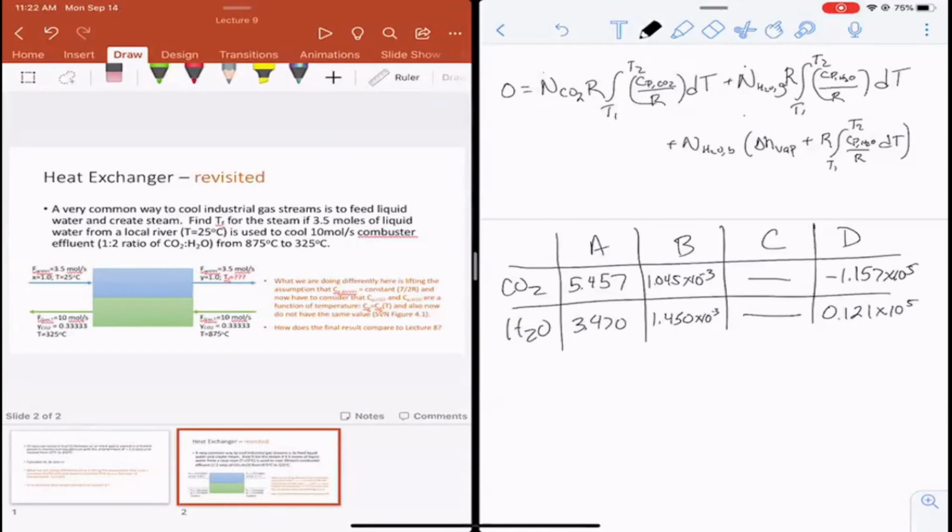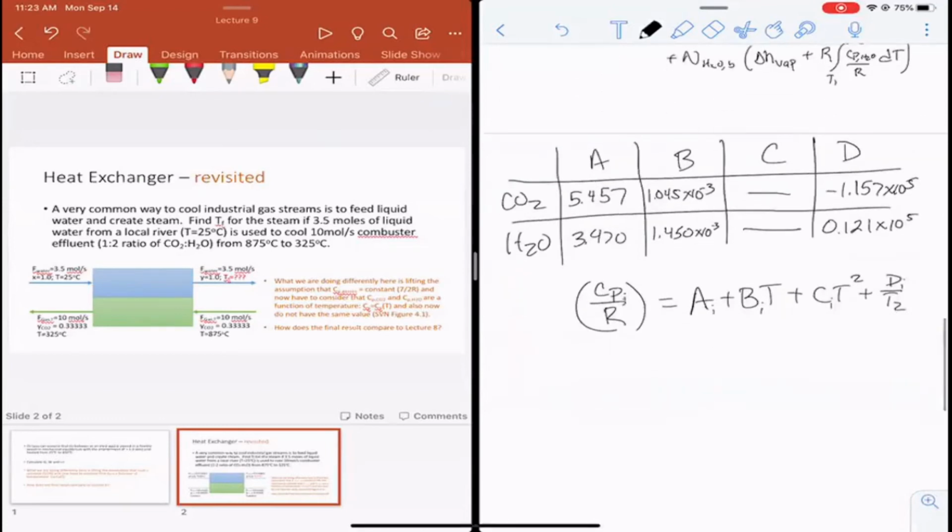And for each one of these integrals, we still have Cp over R equal to A plus BT plus CT squared plus D over T squared. So Cp_i is just A_i plus B_i T plus C_i T squared plus D_i over T squared.